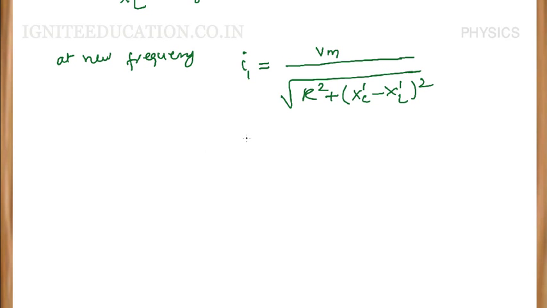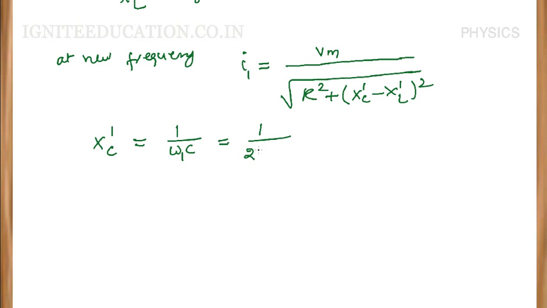Now why am I expressing XC dash and XL dash? Because due to frequency the inductive reactance and capacitive reactance will change, not the resistance, not the capacitance, and not the inductance. So the new capacitive reactance, XC dash, is equal to 1 by omega 1 C. This is the expression with the new frequency. But we know that omega 1 is equal to 2 omega naught.